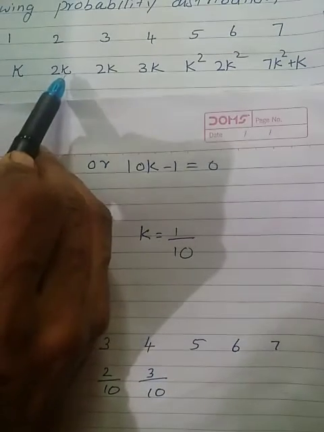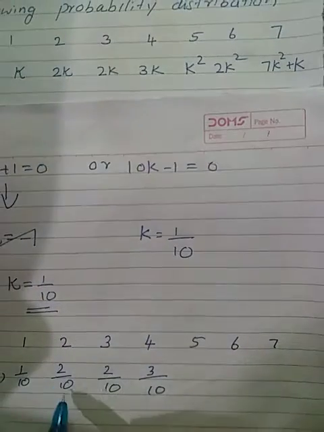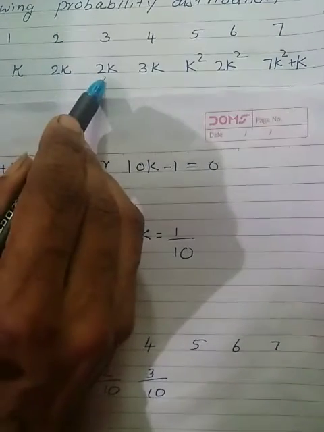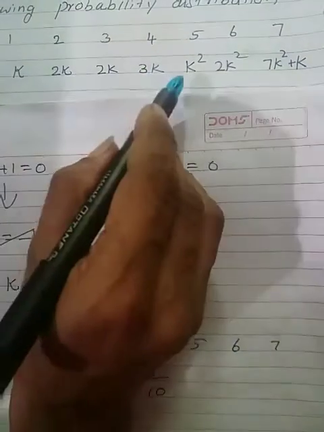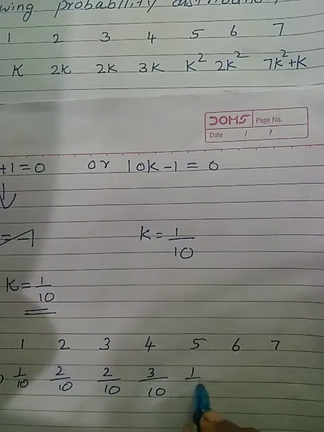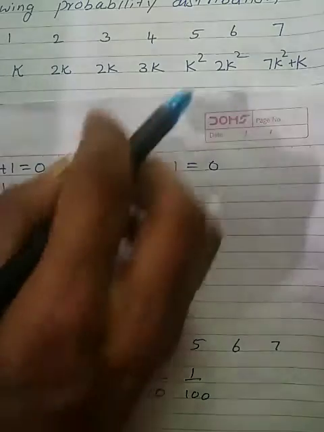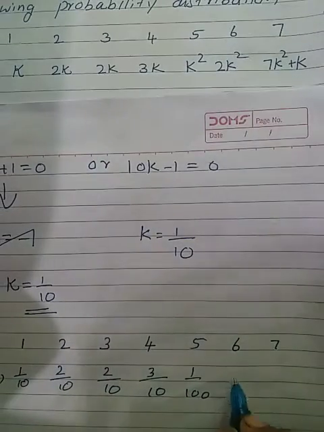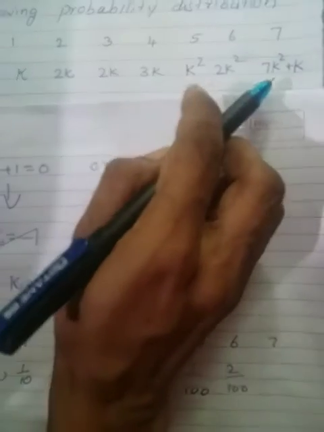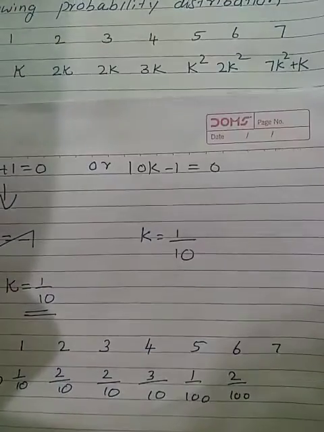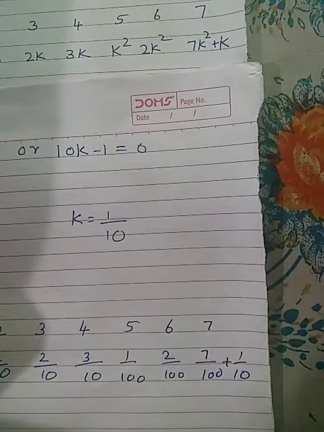K is 1 upon 10. Therefore 2k is 2 into 1 upon 10, 2 upon 10. Again 2 upon 10. 3k is 3 into 1 upon 10, 3 upon 10. K square is 1 upon 10 square, 1 upon 100. 2k square is 2 upon 100. 7k square plus k is 7 upon 100 plus 1 upon 10.